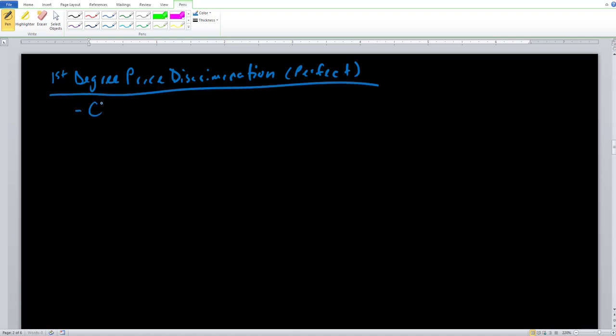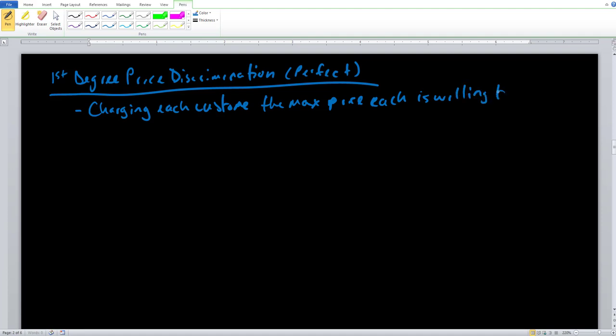And like we said, this is going to be charging every single customer the maximum price each is willing to pay. So charging every single customer the maximum price each of them is willing to pay.